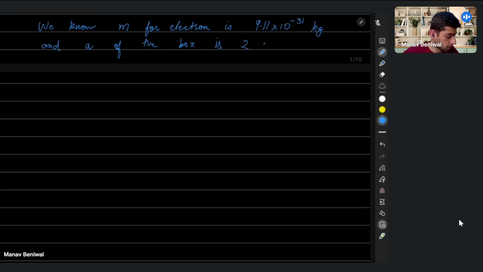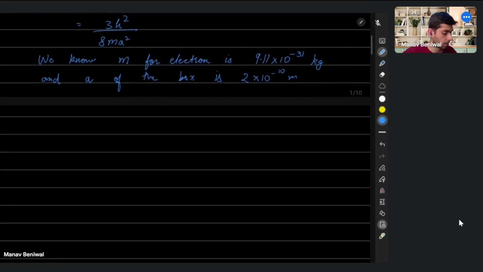So this is 2 times 10 to the power minus 10 meters. Just plugging in the values, E ground state is equal to 3 by 8 times 6.626 times 10 to the power minus 34 whole squared over 9.11 times 10 to the power minus 31 times 2 times 10 to the power minus 10 again whole squared.